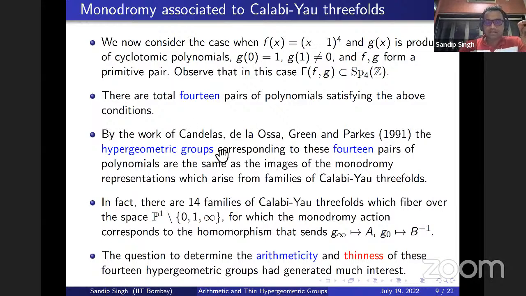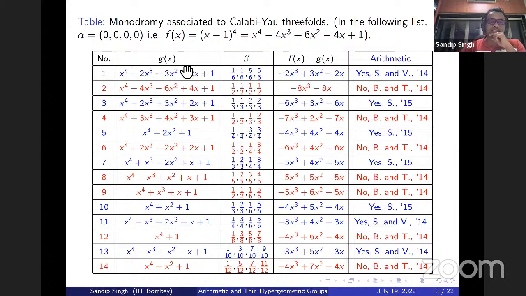Then thanks to this characterization of Pendelas et al., we know that those 14 groups that arise as monodromy groups of these 14 families of Calabi-Yau threefolds are actually 14 hypergeometric groups. So that is basically written in this list.